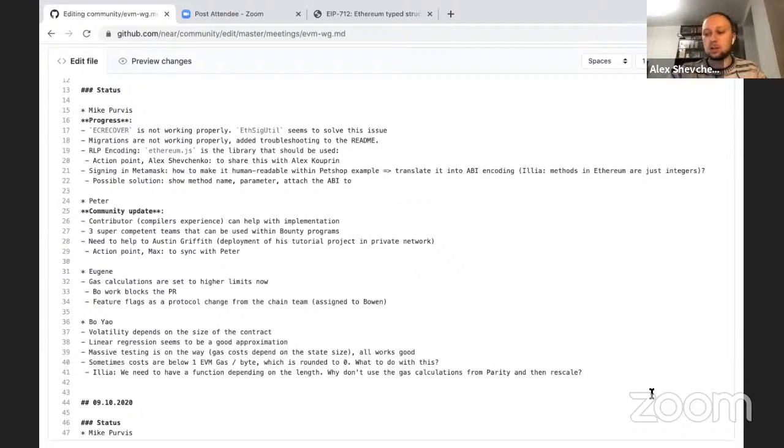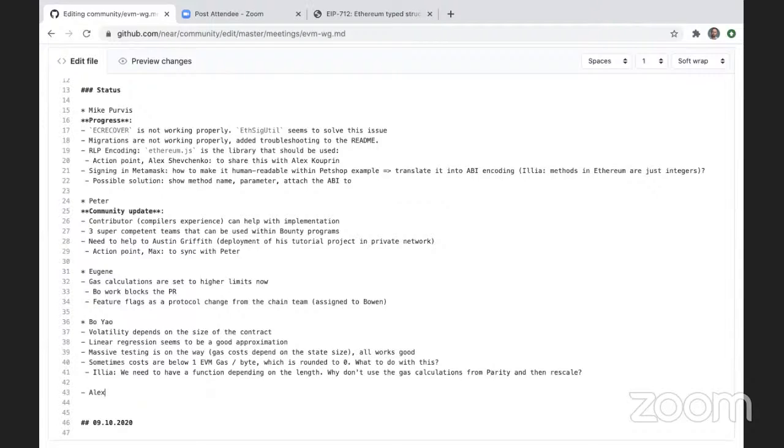So it is already created. I actually shared it with Ilya earlier today. Yeah, so I'm just going to send it to everybody, and let's see whether it fits our vision and how we need to proceed. Okay. All right. Seems that we also need to add an action item to sync with Bowen on rolling out the feature flags with EVM.